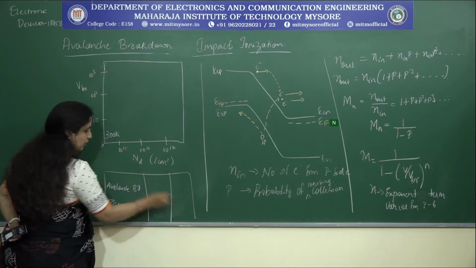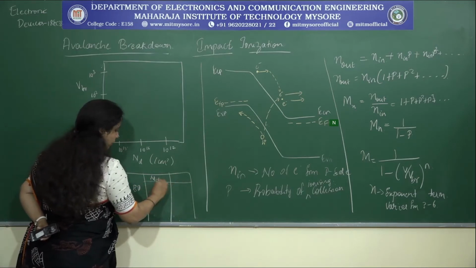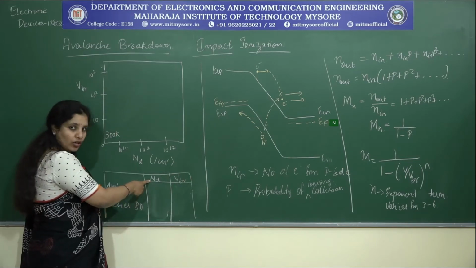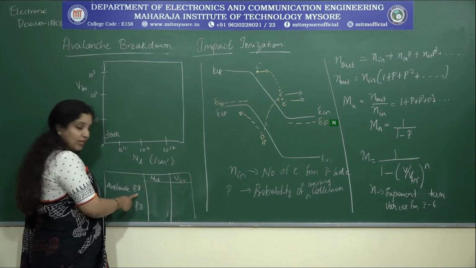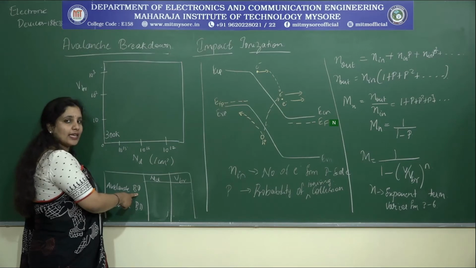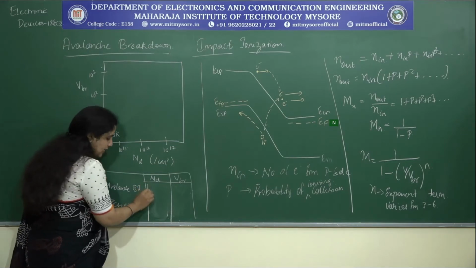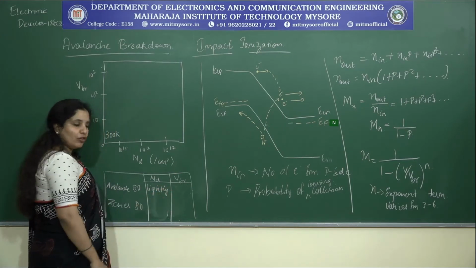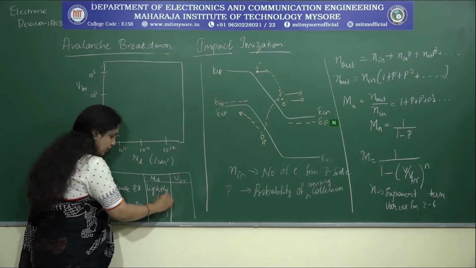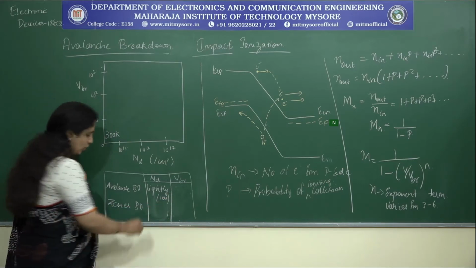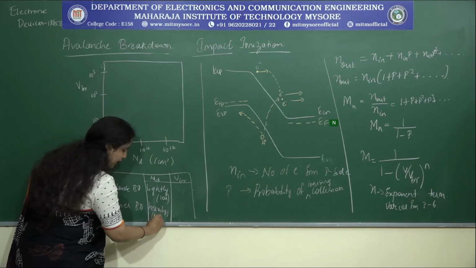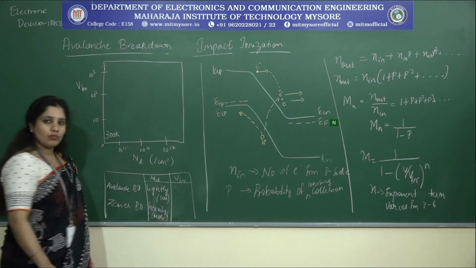If I consider avalanche breakdown, we know the N and P regions are lightly doped. Therefore, the ND value is less. Whereas in case of Zener breakdown, it is heavily doped. Therefore, the ND value is more.